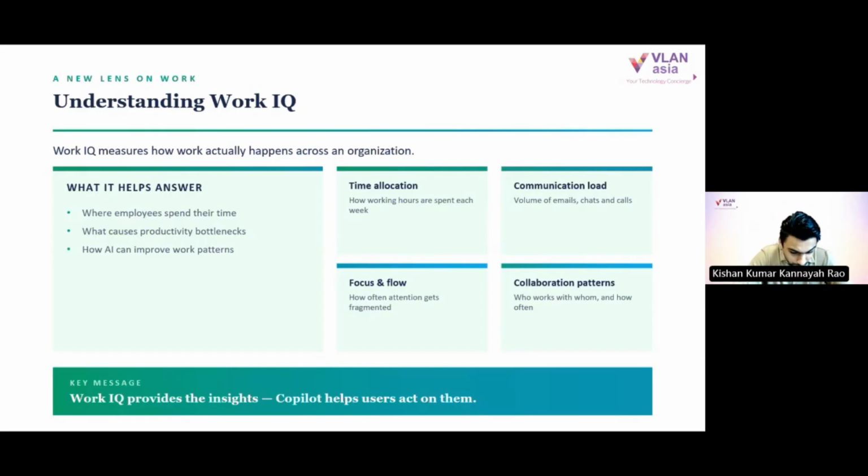Work IQ provides the insight while Copilot helps users act on them. So that's two different things. Work IQ provides insight. Copilot helps us work on it. So Work IQ comes and says, hey, you lack something, maybe you need to train your salespeople. That's what Work IQ says.